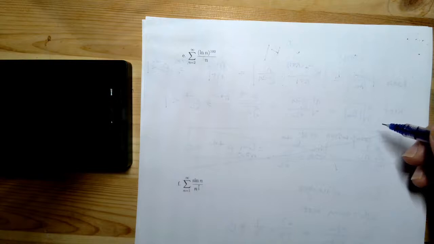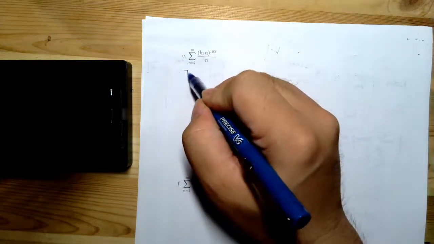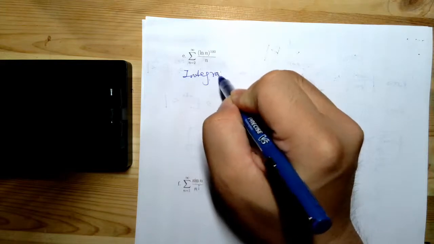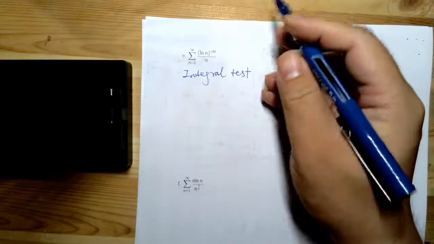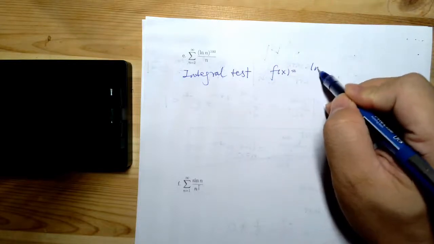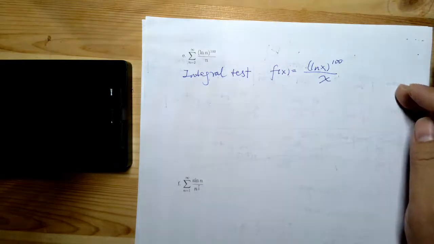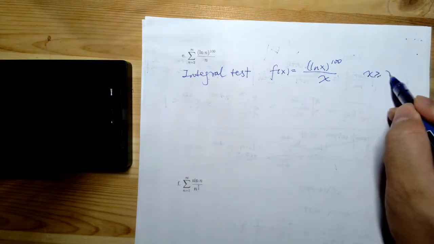So the first example, what we can do is we can use the integral test. Basically set f(x) equals (ln x) to the power of 100 over x, where x is greater than or equal to 2.